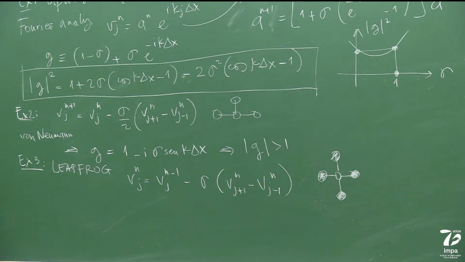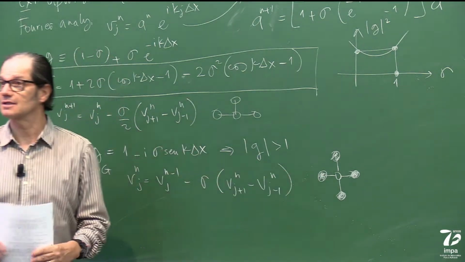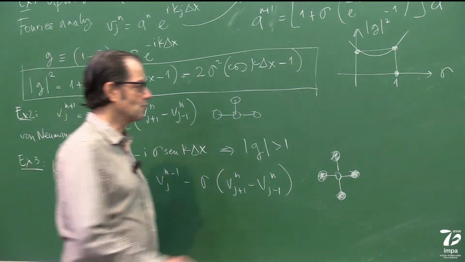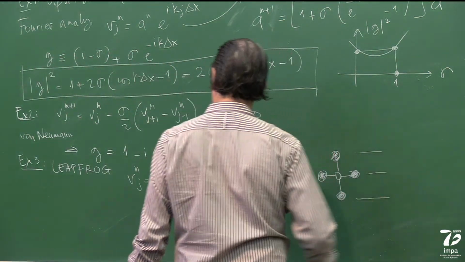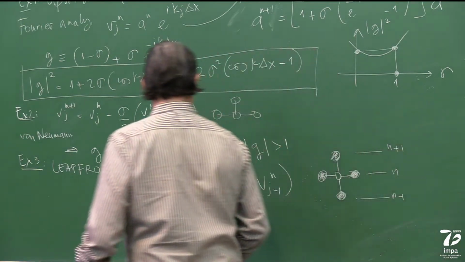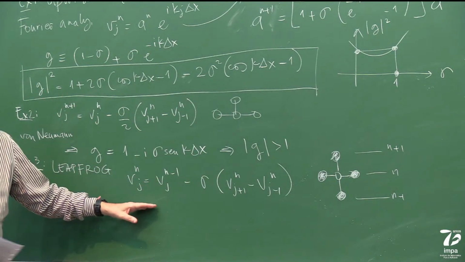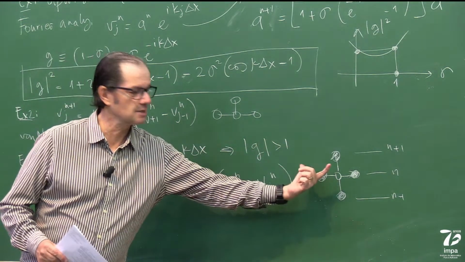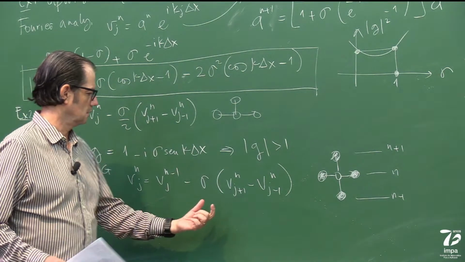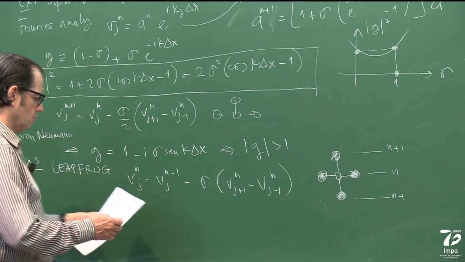There's no JN guy. That's why I have this atom in blank. Okay? So it's a 3-level method because it's using n minus 1 and n plus 1. Okay? And it's going to be sort of centered, right? Centered in time, centered in space. Okay? So see, in space, it is centered here. Oh, in here it's wrong, sorry.